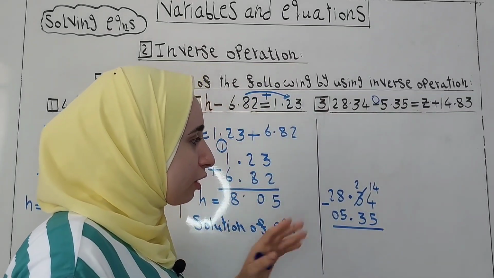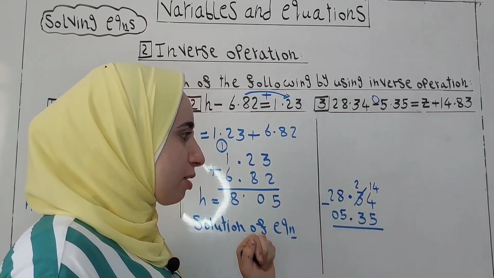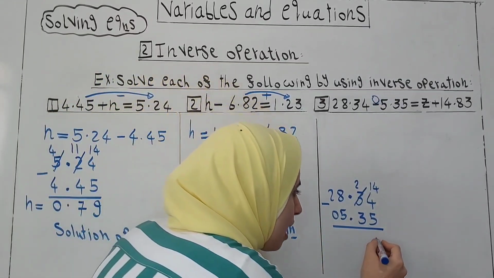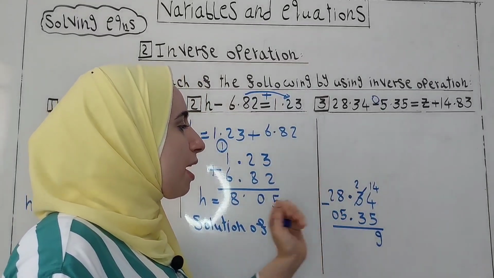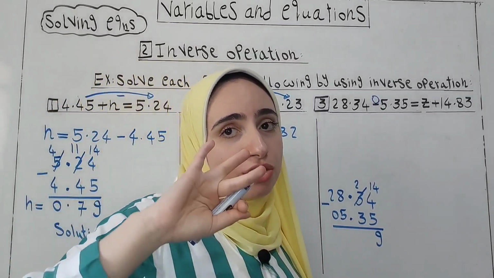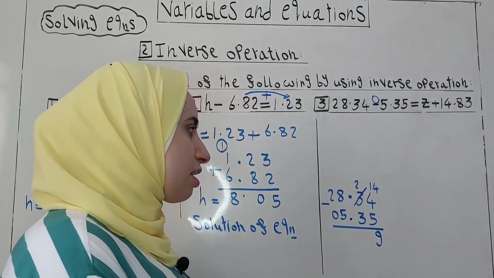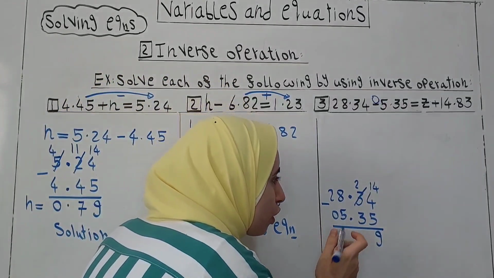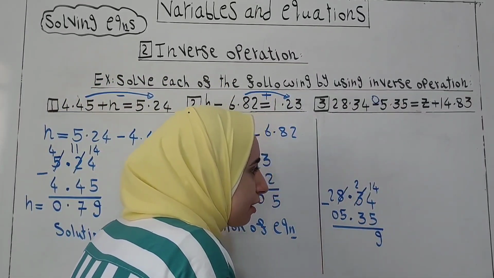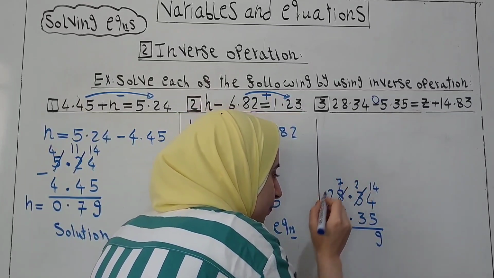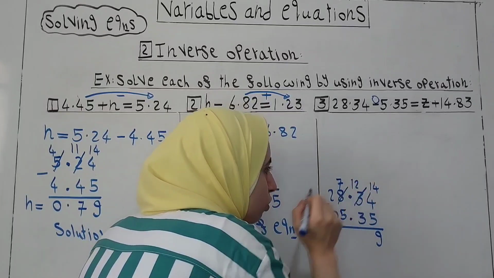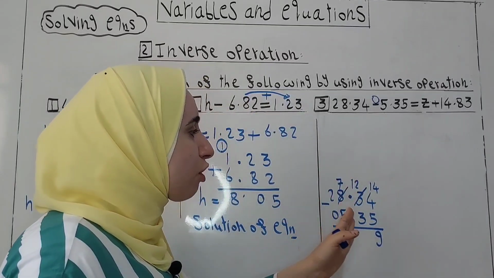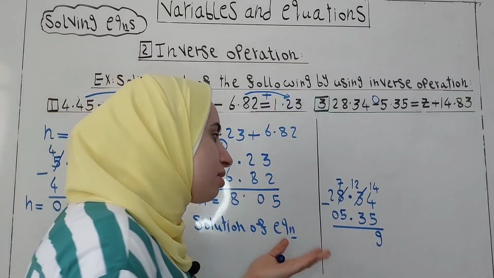Now we subtract 14 minus 5 equals 9. Go to the next digit. 2 minus 3. Can you take away 3 from 2? No, it doesn't work. So we borrow 1 from the next digit. Cross out 8 and write 7. And add 10 to the digit 2. It will be 12. Now 12 minus 3 equals 9.